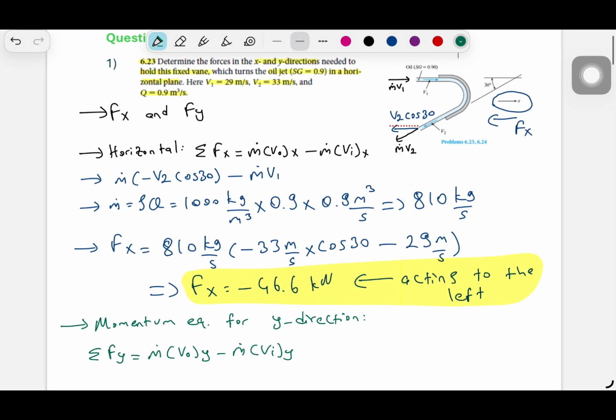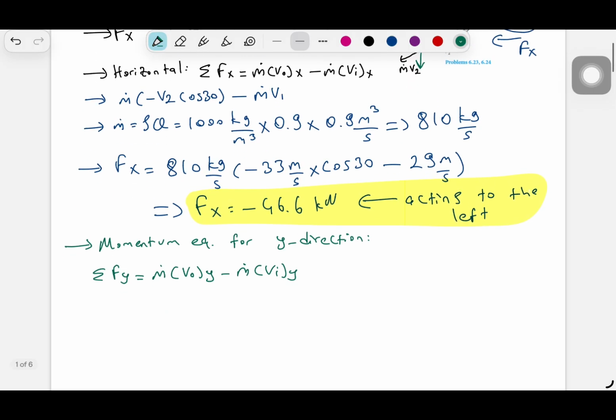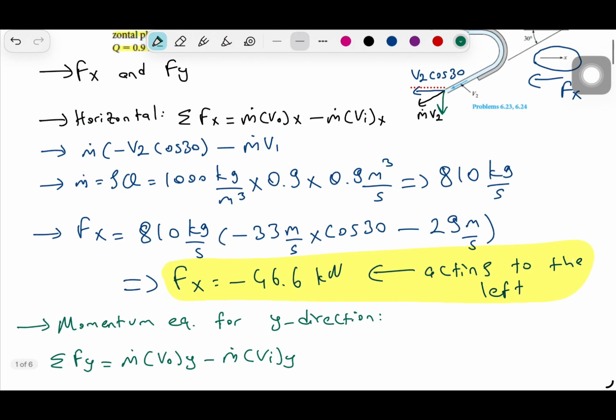Let's look at the shape to see what we have. As inlet, we don't have any vertical component, as you can see. We only have horizontal, so we can just ignore the inlet. But we will have a vertical component for the outlet velocity, so we will only take that.